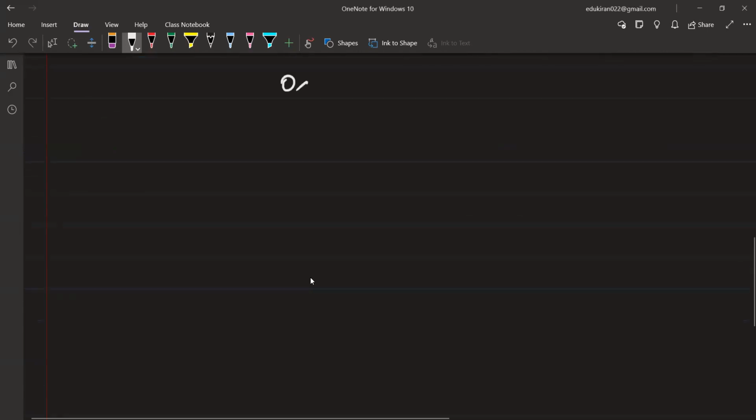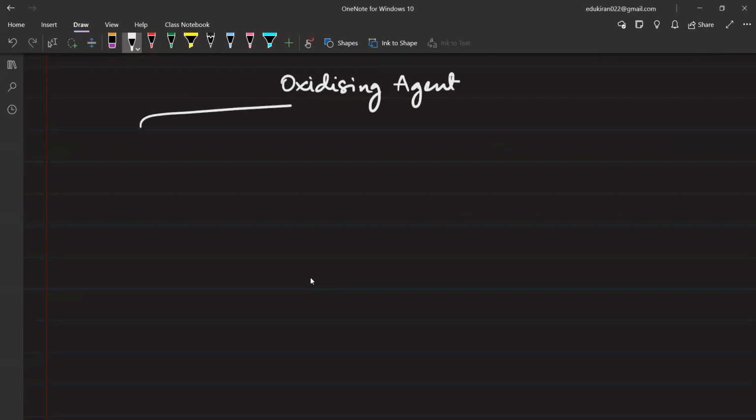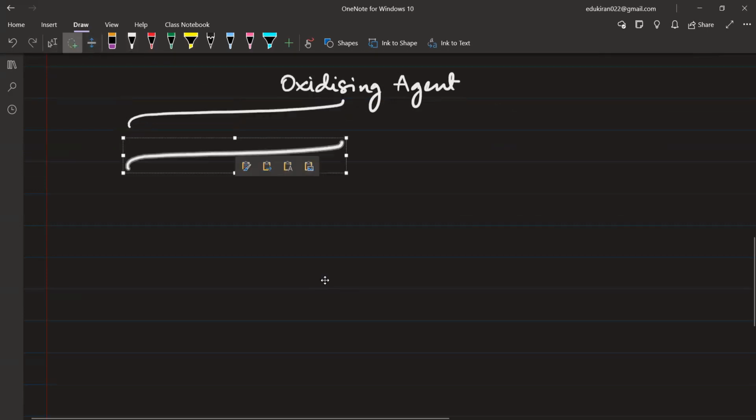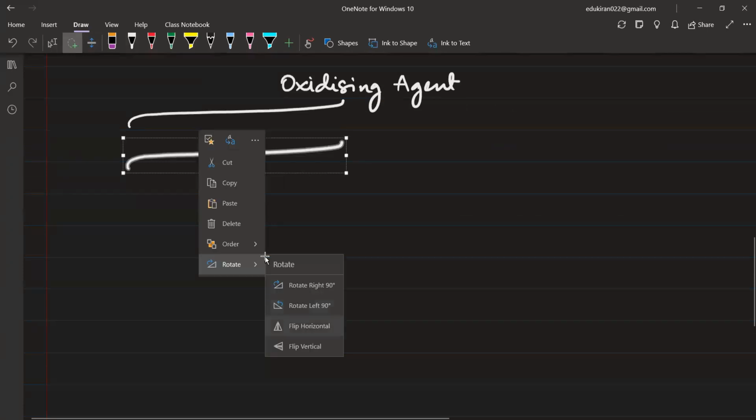Oxidizing agents can be classified into 2 types. Whatever we are going to use, that can be classified into 2 types. Oxidizing agent. One will be strong and the other will be mild.